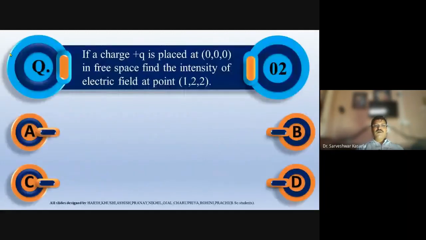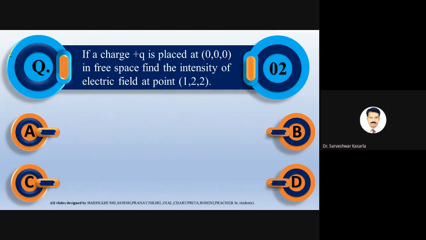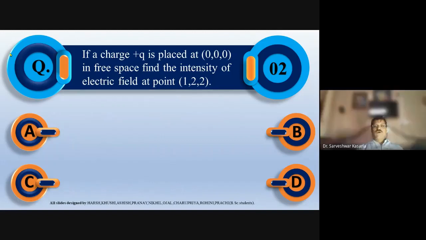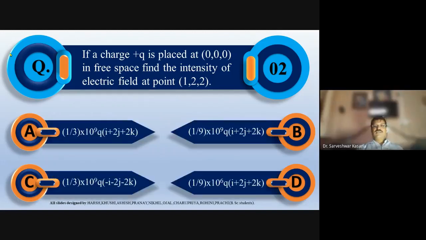The second problem is: if a charge plus Q is placed at 0, 0, 0, that is the origin, in free space, find the intensity of electric field at point 1, 2, 2. Here the options are these. You may try, and you may use the concept of intensity.